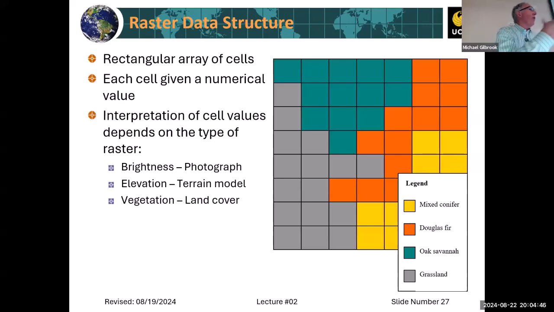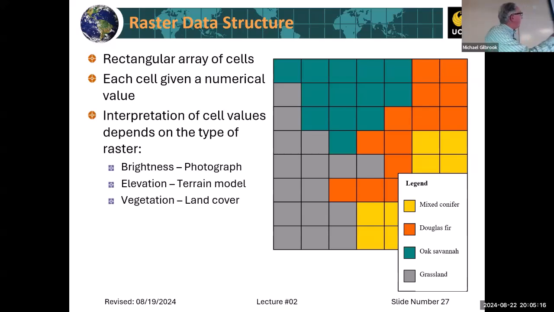A photograph or a digital image, like the one you take with your smartphone, is just a raster where every pixel, every picture element, every cell in the raster says, I am this bright, I am this bright, I am this bright. Now, if it just says I am dark or bright, that's a black and white photo. If it says I am this bright in red, this bright in green, and this bright in blue, it's a color image. We'll talk more about that later.